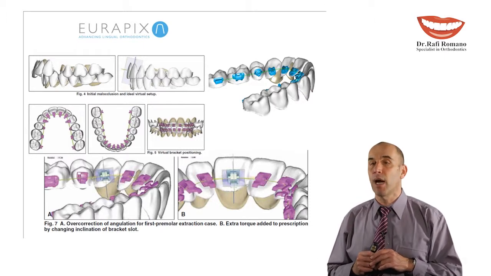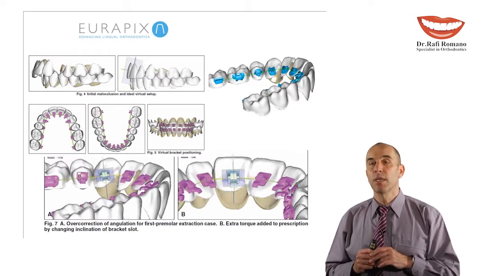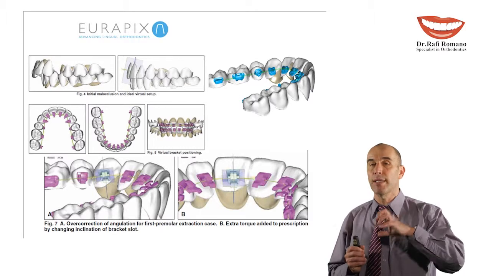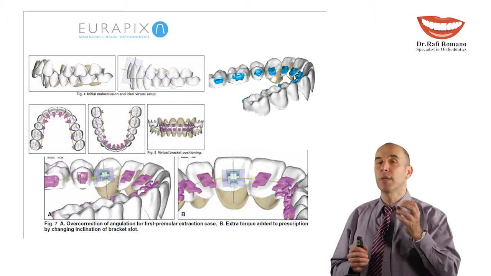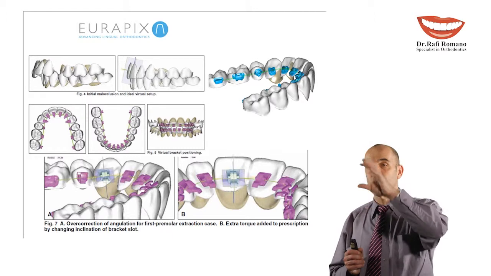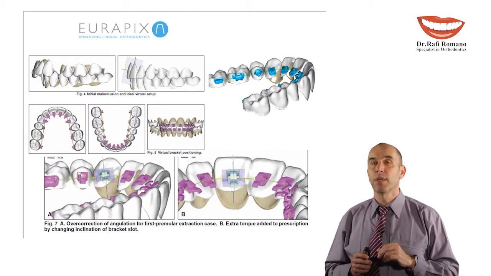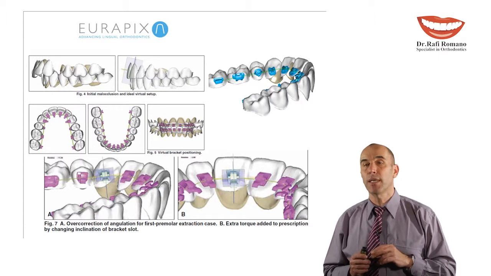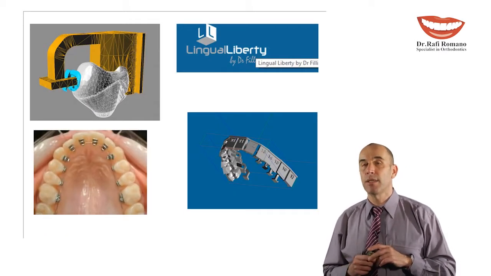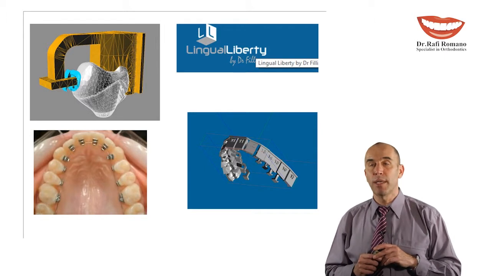Today we have many other techniques like Orapix, which allow you to design your bracket type and give you some option to do the planning virtually. We have today a new technique also by Didier Filion called Lingual Liberty.